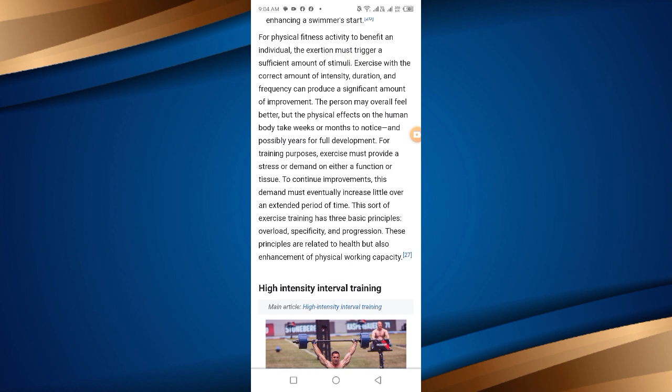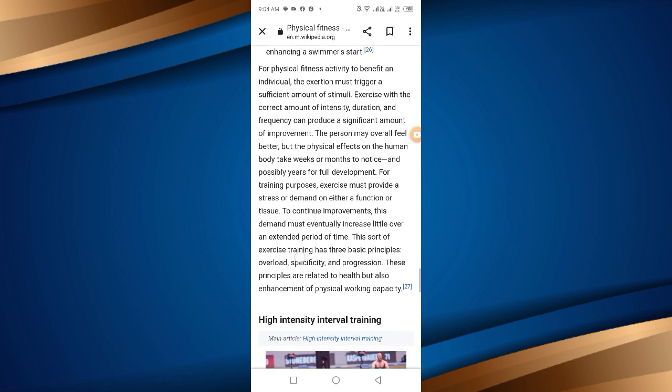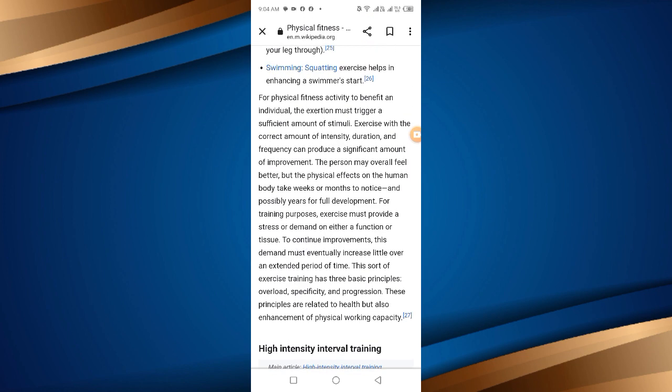This sort of exercise training has three basic principles: overload, specificity, and progression. These principles are related to health but also enhancement of the physical working capacity.